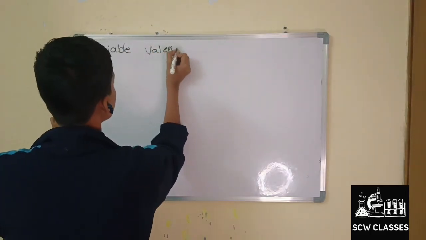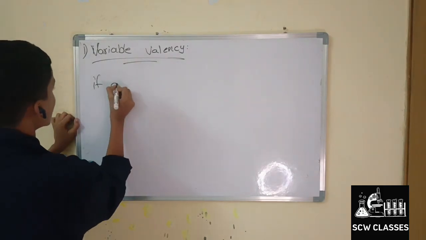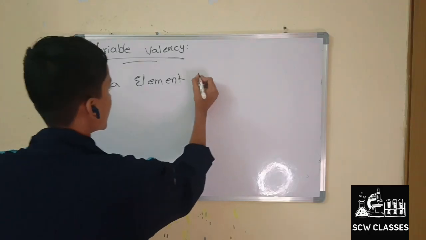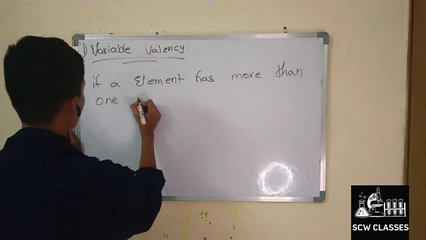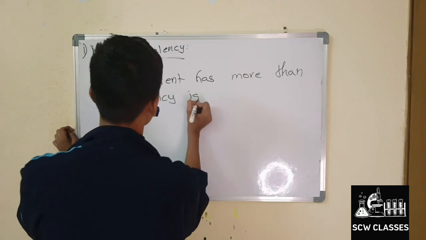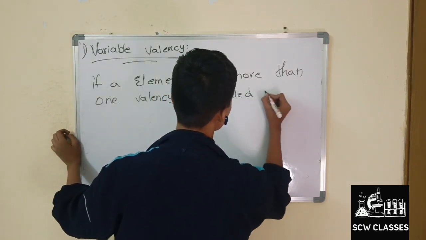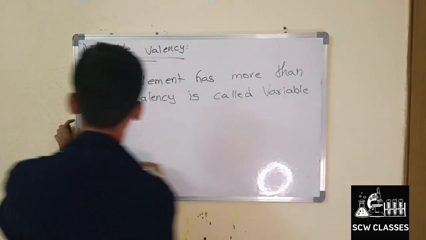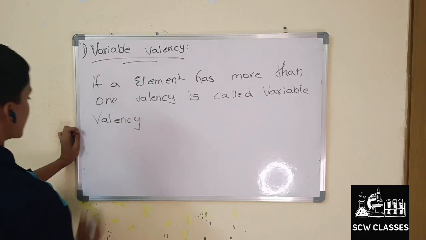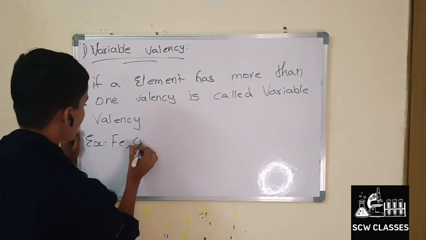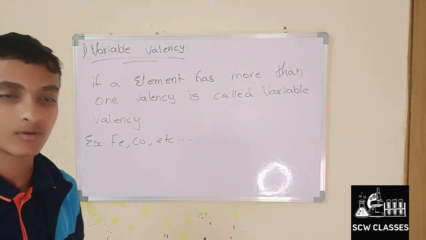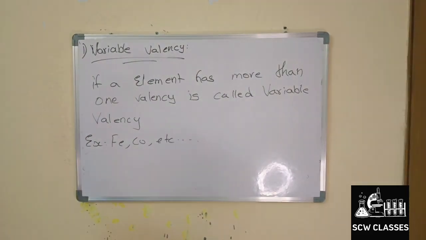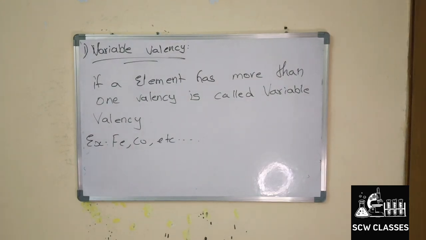Example: iron, copper, etc. Mostly transition elements possess variable valency. Write it. Clear?